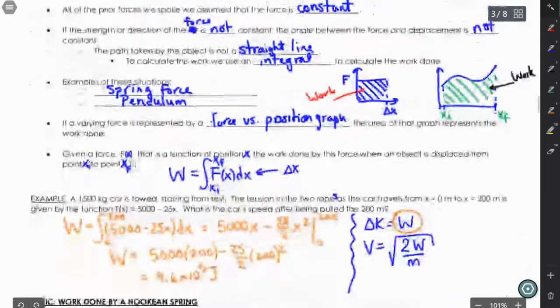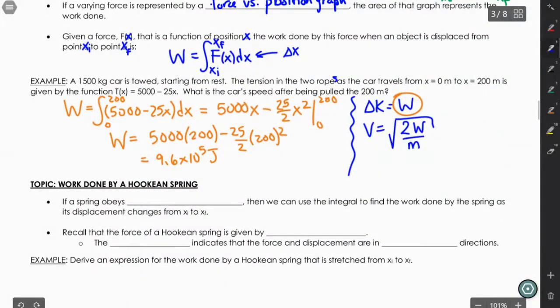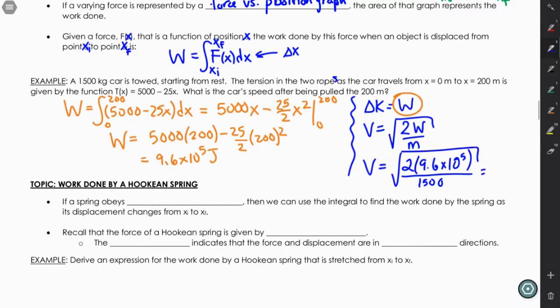So it's just going to be the square root of 2W over m. And so v is going to be the square root of 2 times 9.6 times 10 to the 5th joules divided by our mass, which is 1,500. After starting from rest and traveling these 200 meters, we're going to have a velocity of 35.8, or a speed of 35.8 meters per second.